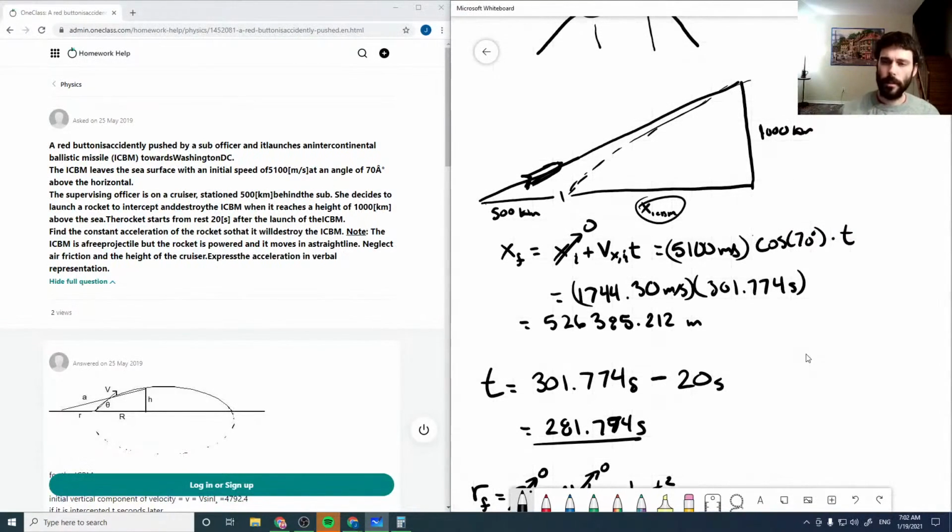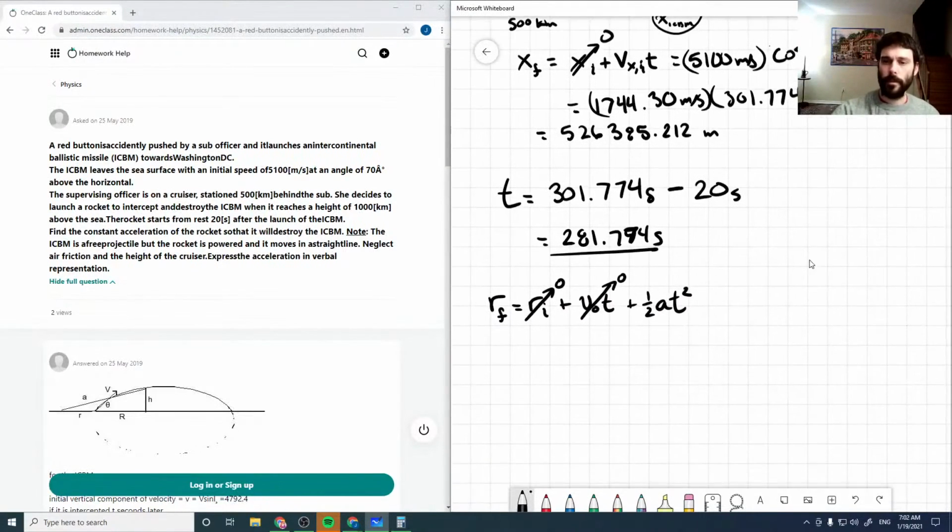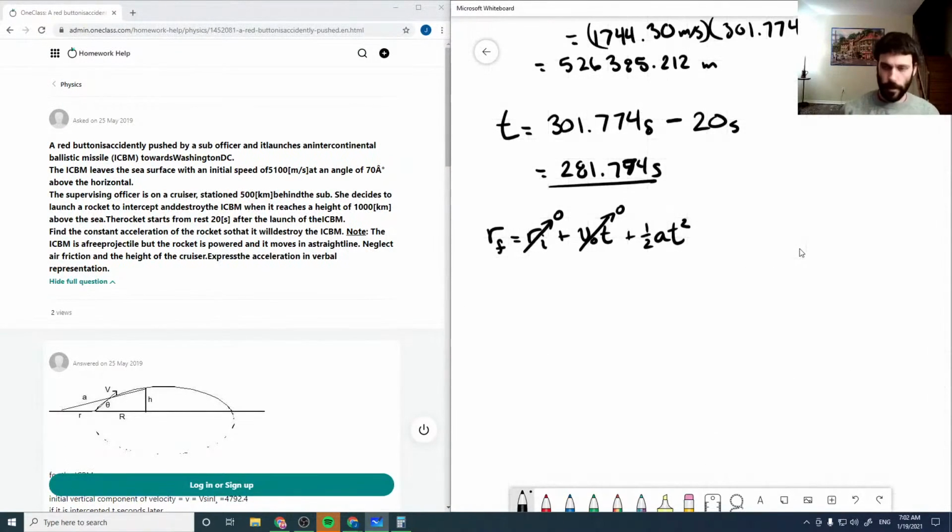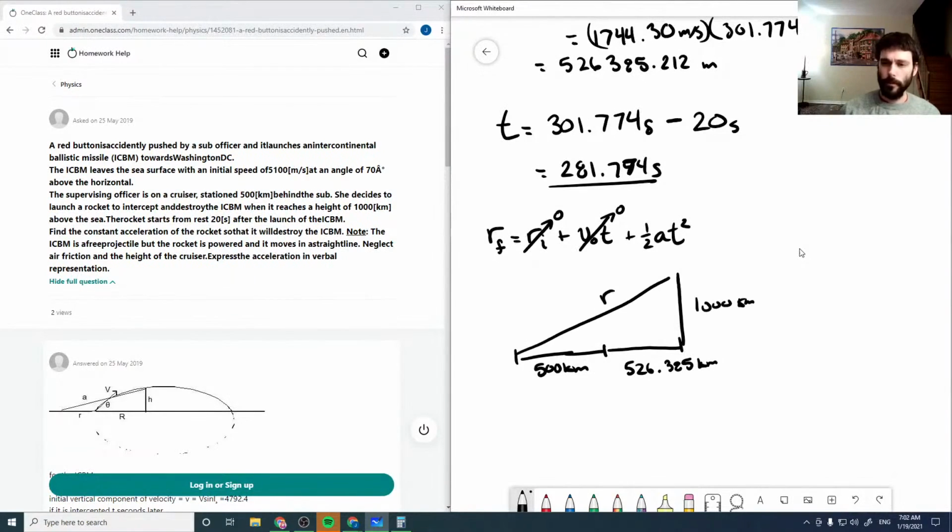Now our distance is, this is our r here. And so from Pythagorean theorem, just filling in a couple of things here. So we've got 500 kilometers. We've got our ICBM distance, which is this 526.385 kilometers. And then this is 1,000 kilometers. So then our r is here.